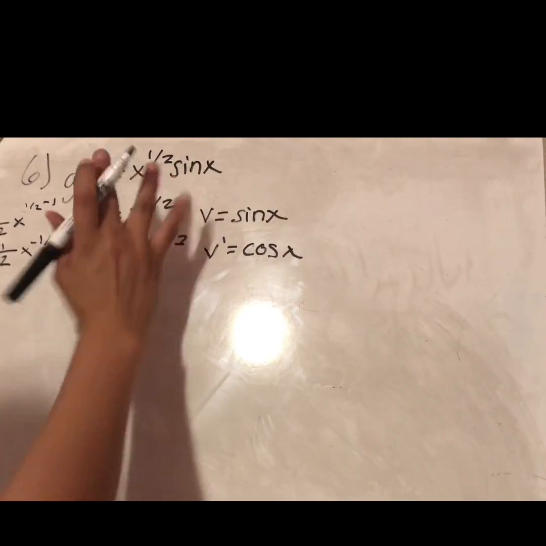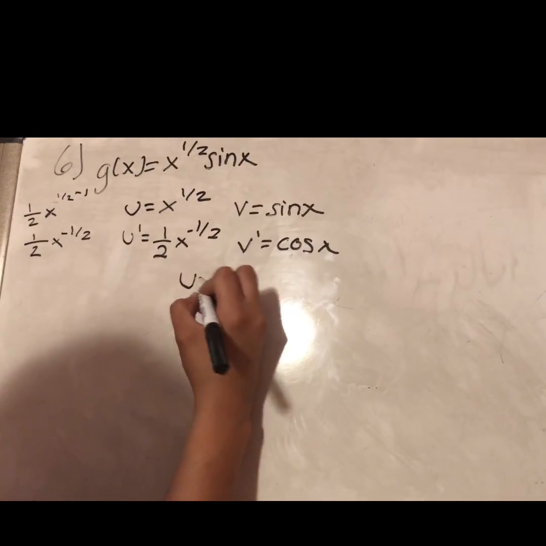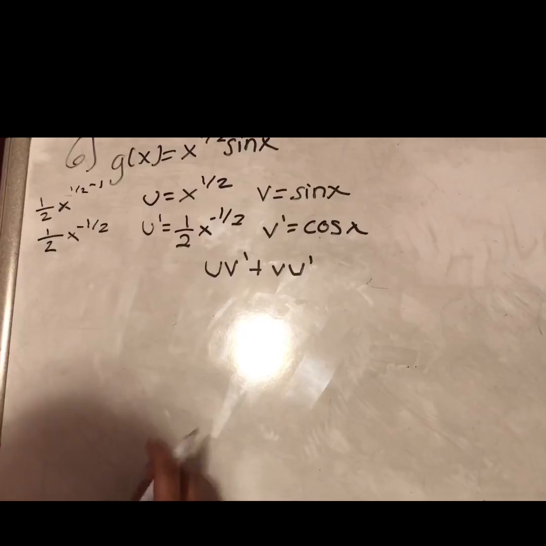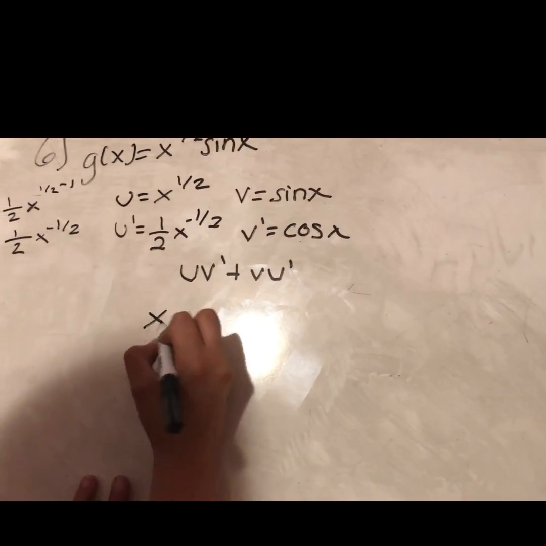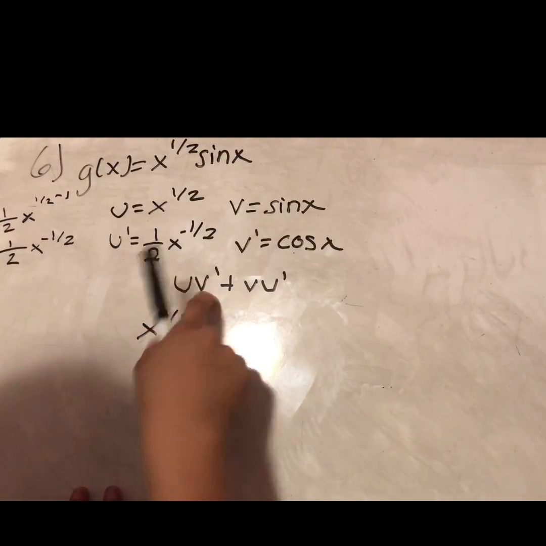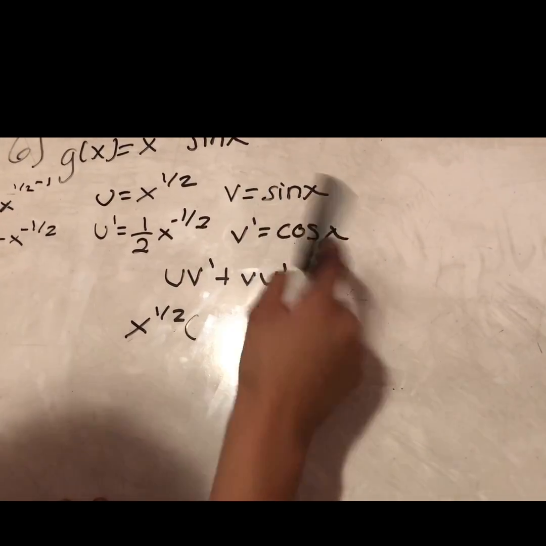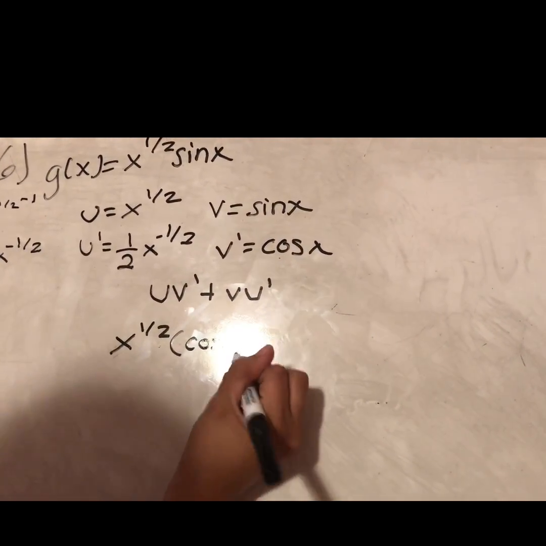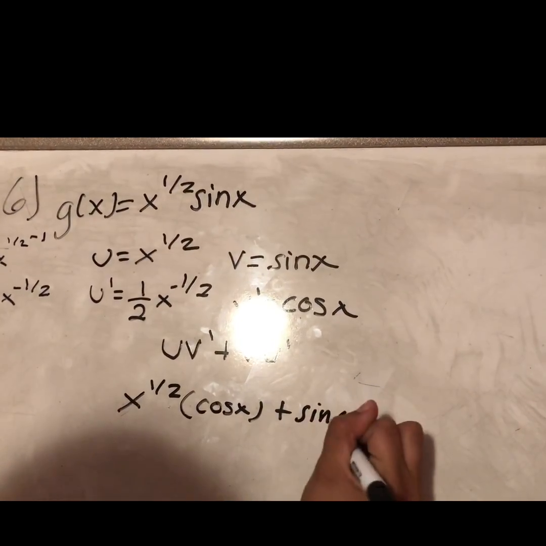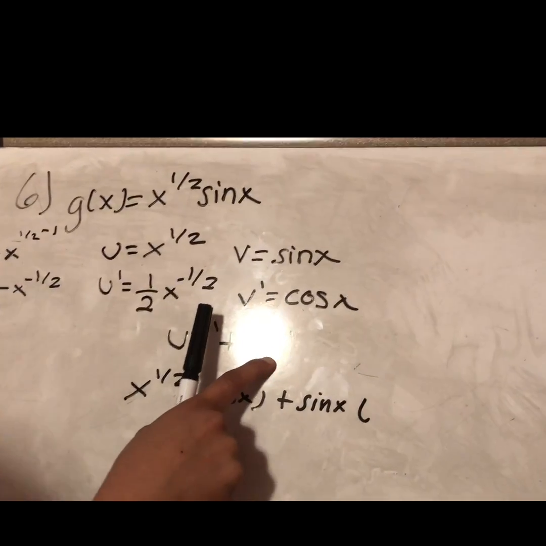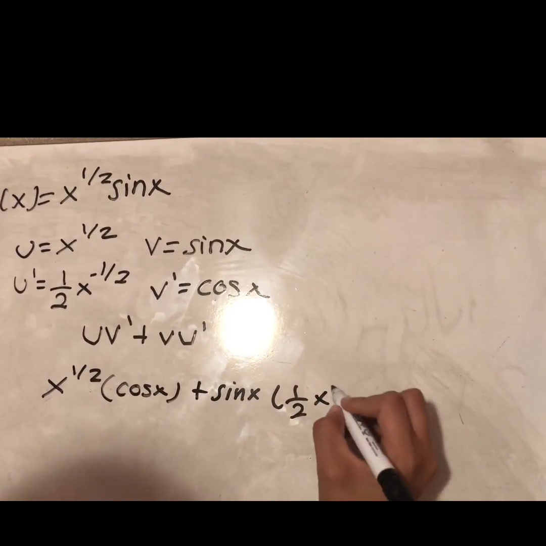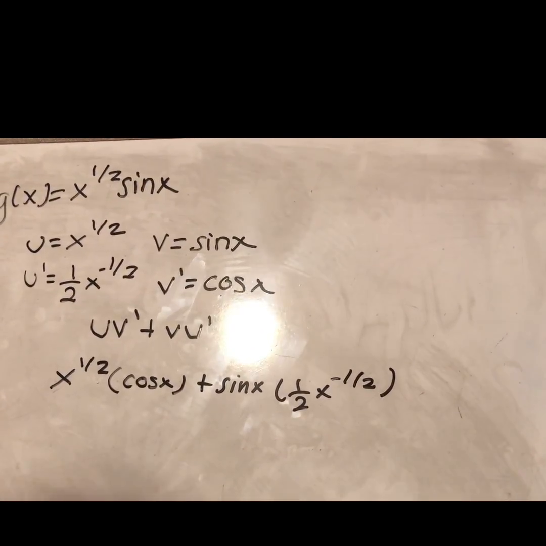So now since you're multiplying, you would use the product rule, which is uv prime plus vu prime. So now you would plug it in, and it's x to the 1/2. You take it from the u, and the v prime is cosine x, so you bring it down as well, plus the v, which is sine x, and you would multiply with the u prime, which is 1/2 x to the power of negative 1/2.